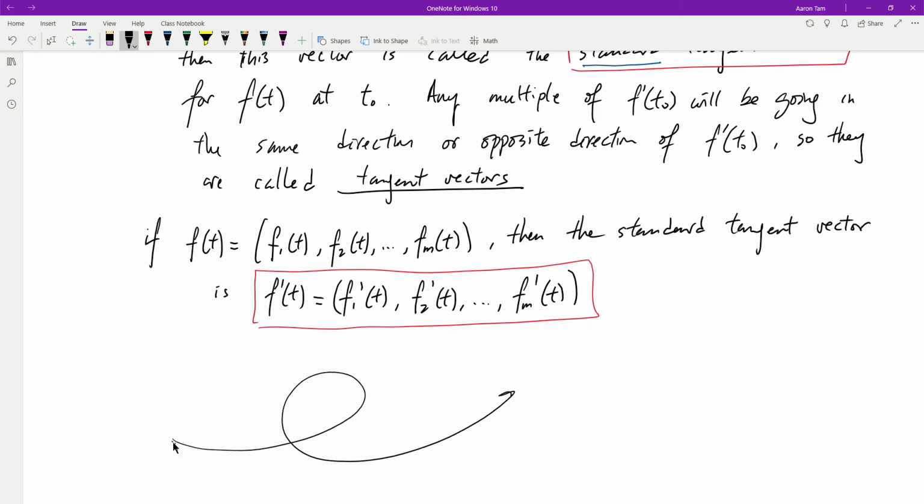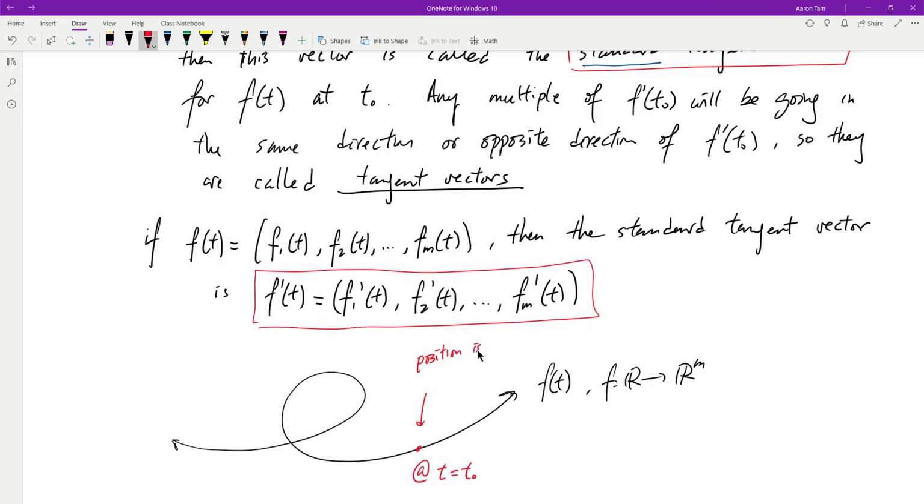Now, what does the standard tangent vector do? So imagine that you have some kind of curve. Let's say we have this curve right here. Let's say this is the curve f of t, where f in this case maps from R to some unknown dimension Rm. Now, let's say at this one point right here, which is at t equal to t sub 0, the important part is the position at this point.